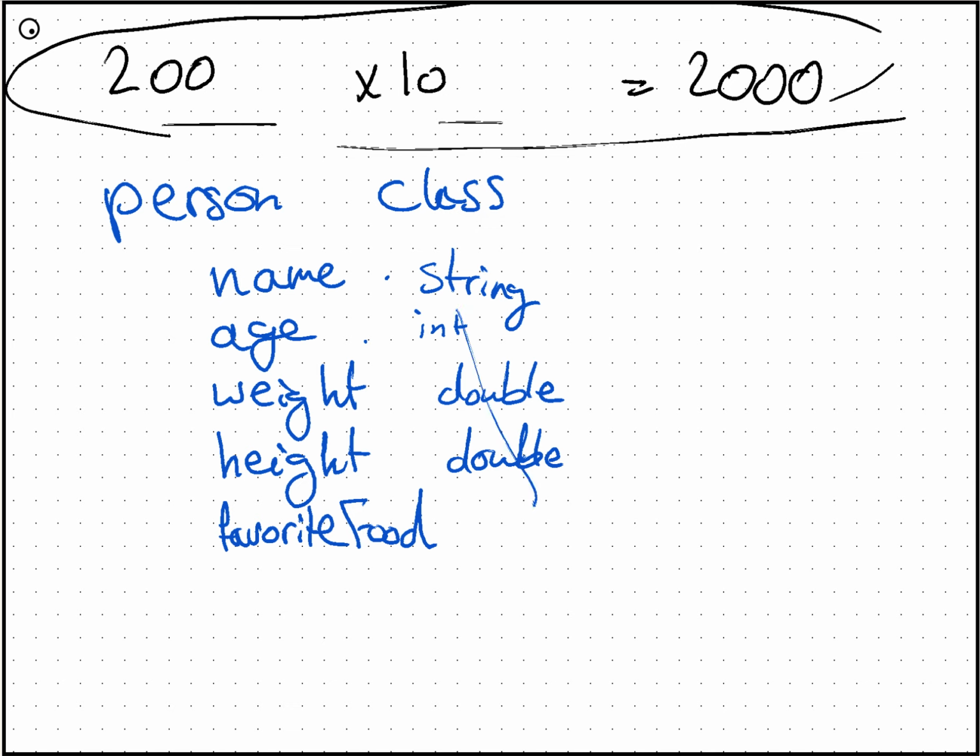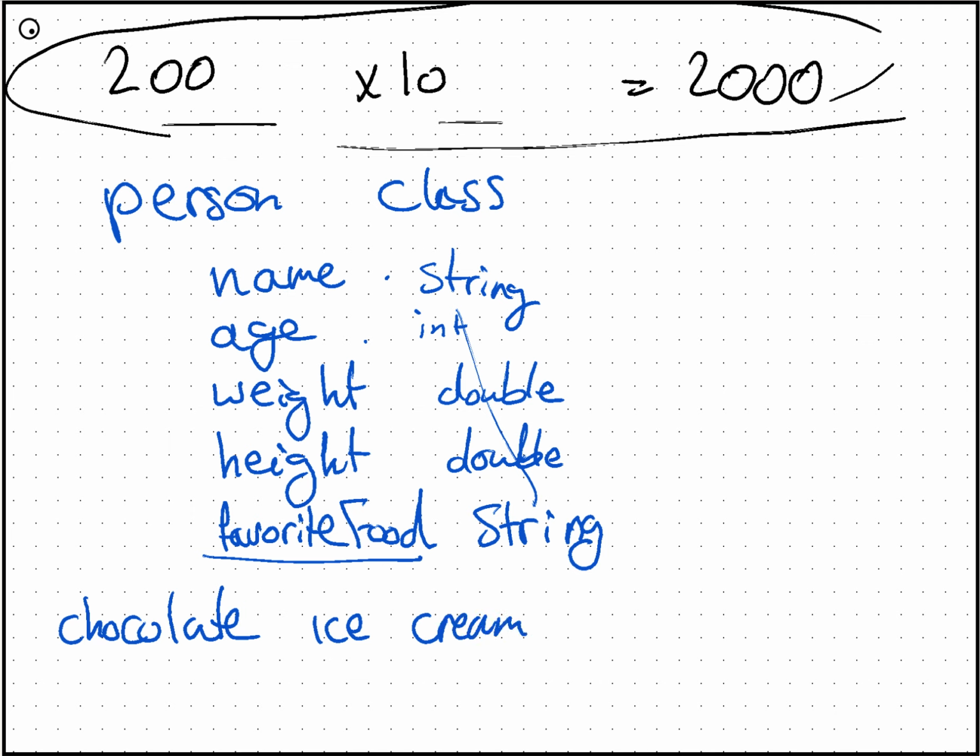Since it's not a number, it has to be a string, right? The problem is then we would have to figure out how to represent that. If your favorite food is chocolate ice cream, should the entire phrase chocolate ice cream be in your favorite food string? Should it just be ice cream?